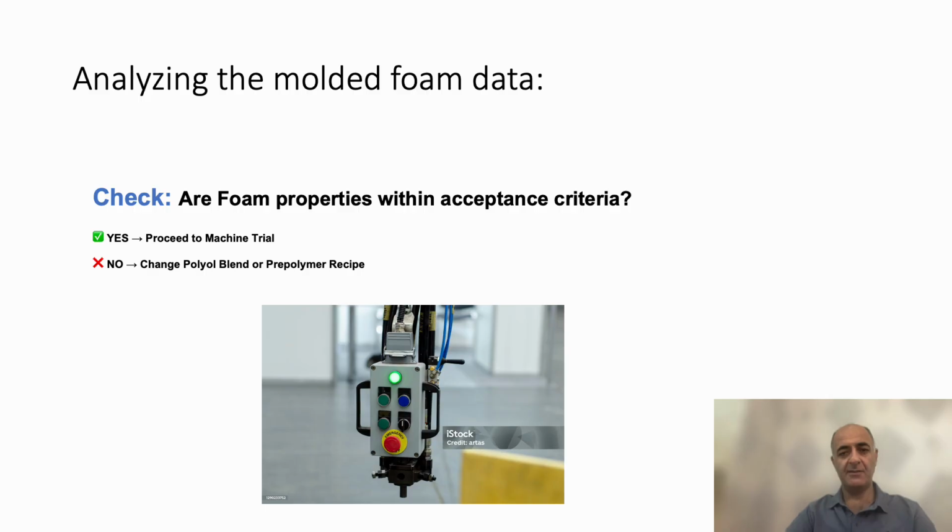If not, he will decide to come back again to the recipe to change the recipe of the polyol and prepolymer, or maybe make some changes in the process, for example, mold temperature, type of release agent, and so on.